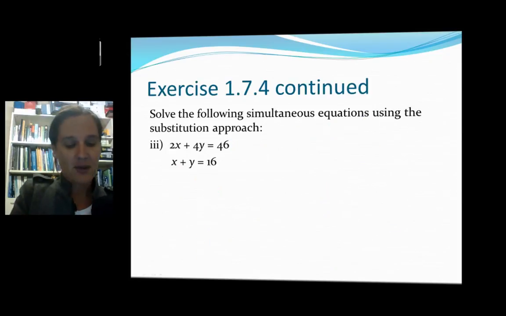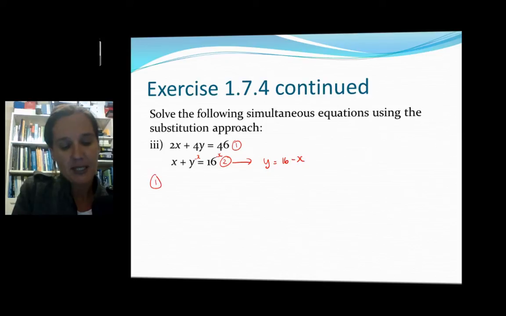So looking at number 3. Here we've got 2x plus 4y is equal to 46 for equation 1 and x plus y is 16 for equation 2. So here we've got single values of x, so this equation 2 is easier for us to work with initially. If we subtract x from both sides, we get y is equal to 16 minus x.